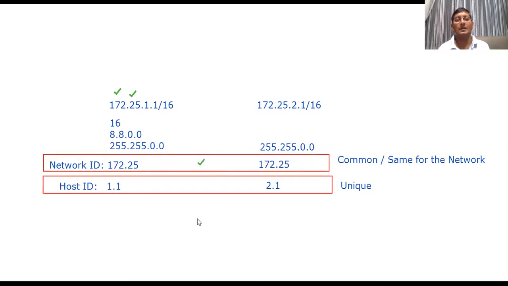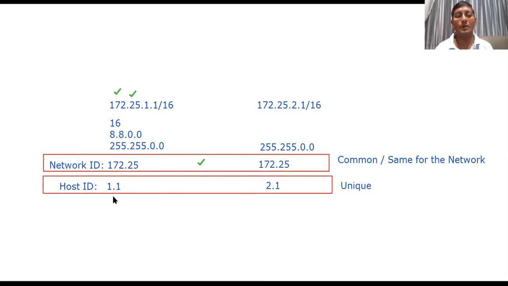Because the network ID is the same, both are able to communicate, and the host ID is different. If the host ID is different, that is good. In a single home, if you have a duplicate name and somebody calls you from outside, both may respond or both may not respond. Similarly, if you have the same network ID and the same host ID, you will get an IP conflict.